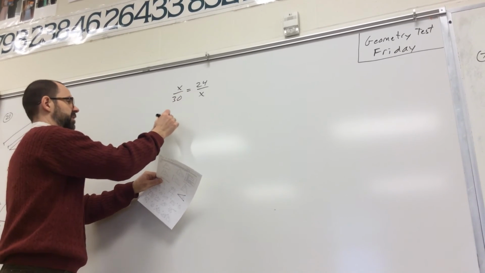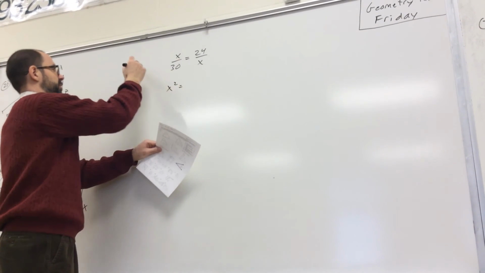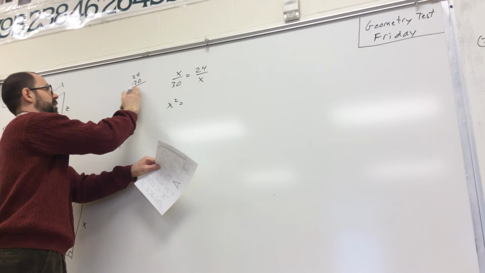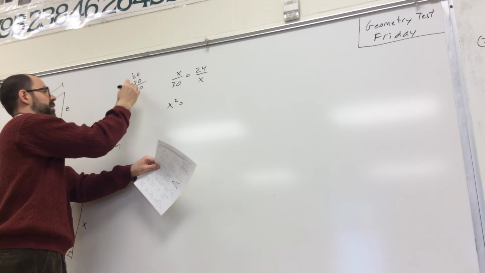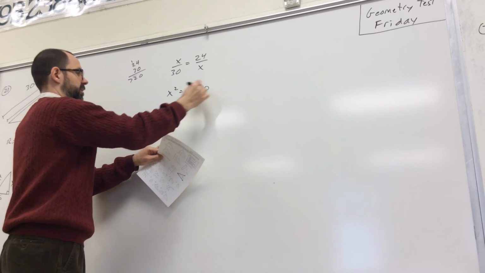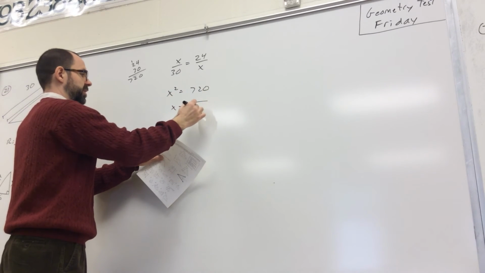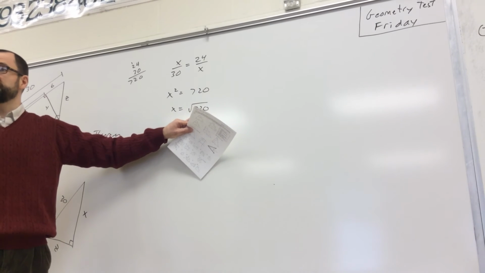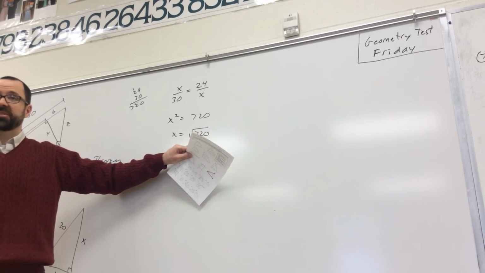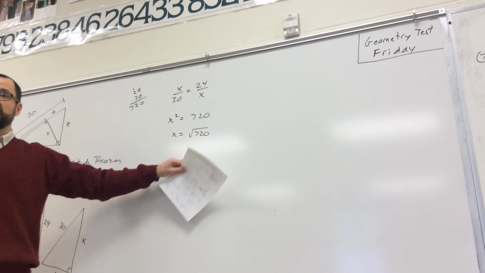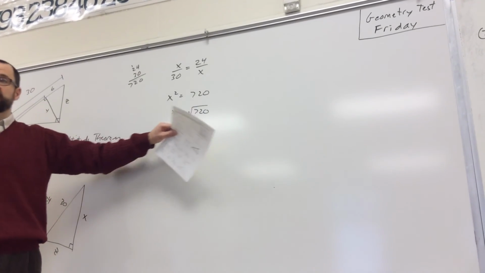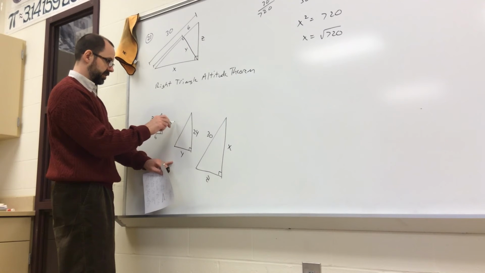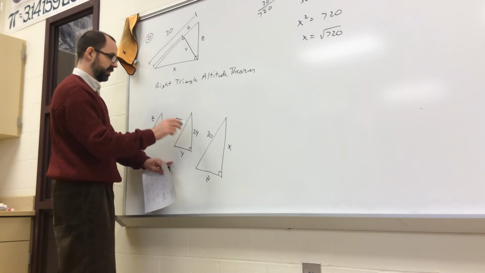So x times x is x squared. 30 times 24 is 720, so x is the square root of 720. We haven't been simplifying radicals this year. I know you did that a little bit last year. We'll be doing more of that in the next week or so. But for now, it's okay. Just leave it as square root 720. Okay, so now we know what the x is. It's the square root of 720.